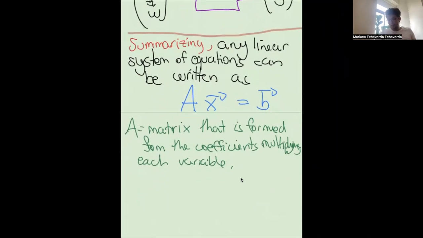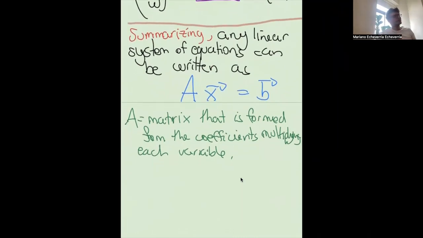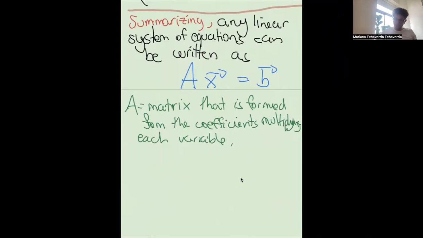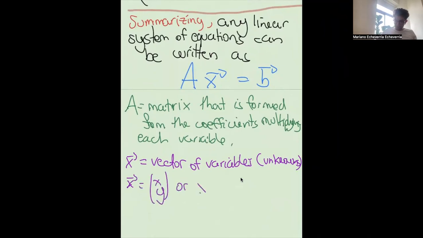X is, you would notice, not the variable X. It has like an arrow on top. So you want to think about it as a vector. X is like a vector of variables or unknowns. So X could be, for example, X, Y, or X could be like X, Y, Z, right?